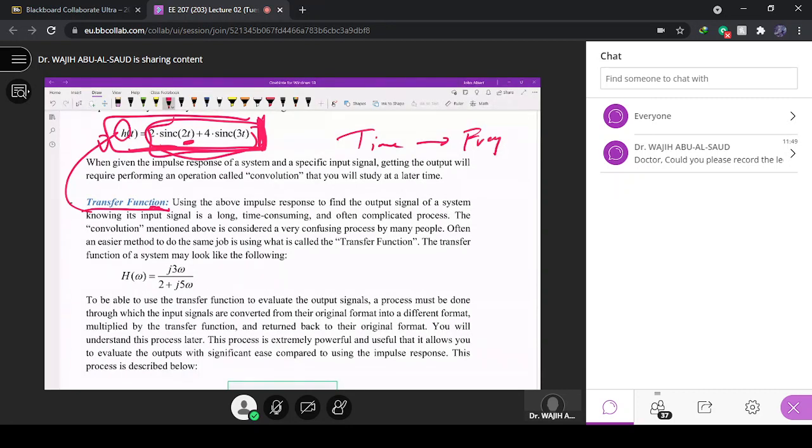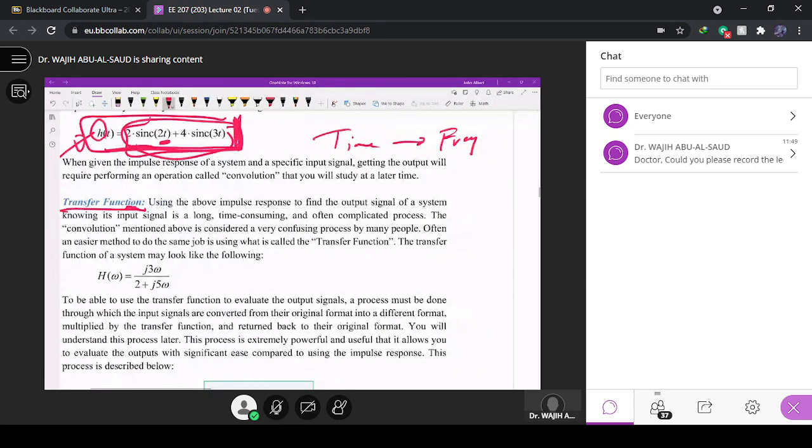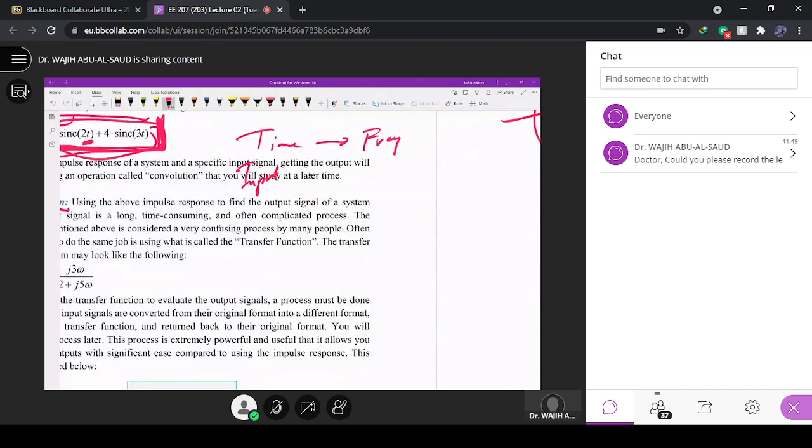You transform the input signal from time also to frequency, and then work on that system in what we call the frequency domain.